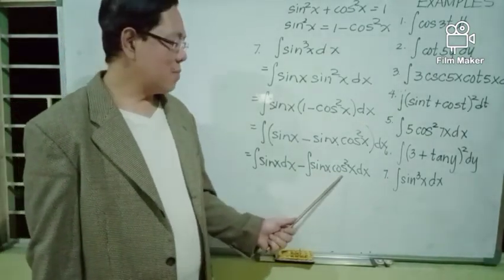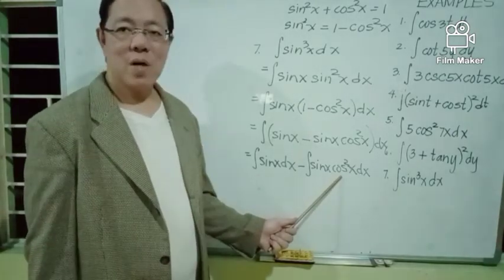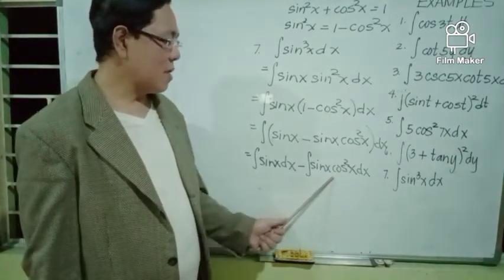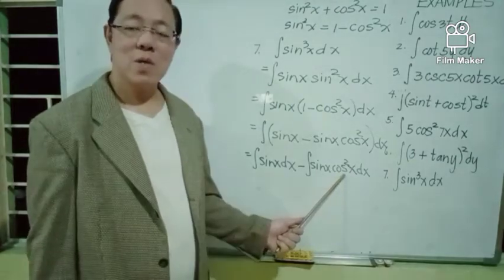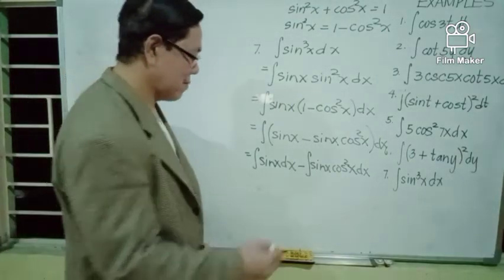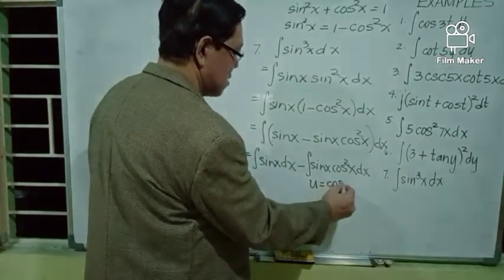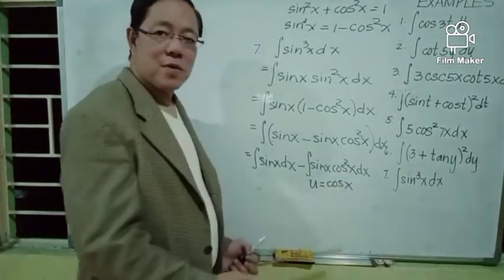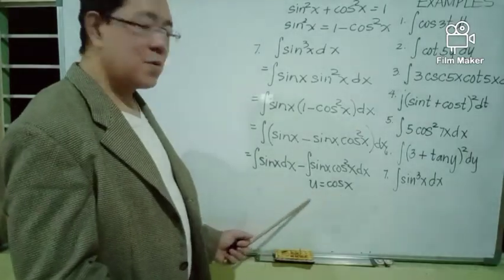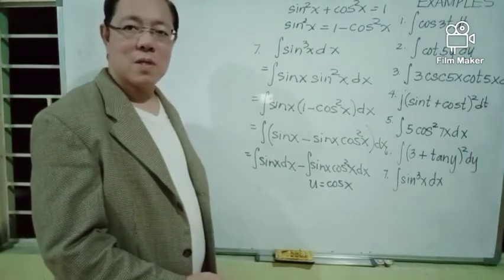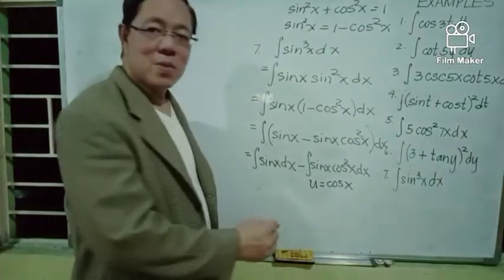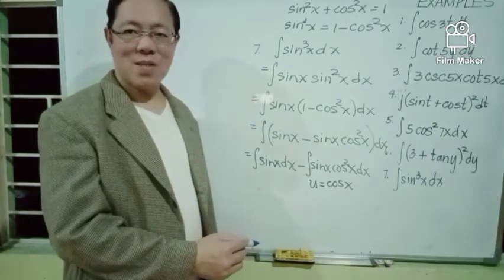Thus, we will have a change of variable for the second integral by letting u equals cosine x. We let u equals cosine x, and differentiate both sides. The derivative of u with respect to u is 1. Multiply by du, 1 times du is du.